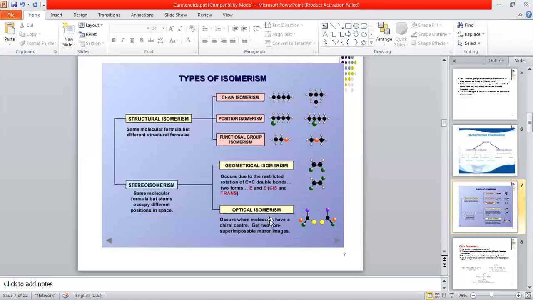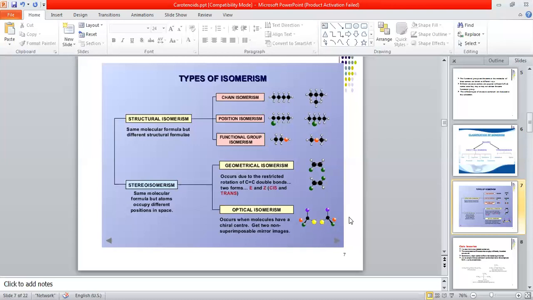Now come to optical isomerism. Optical isomerism occurs when the molecules have a chiral center and give two non-superimposable mirror images. What is a chiral center?